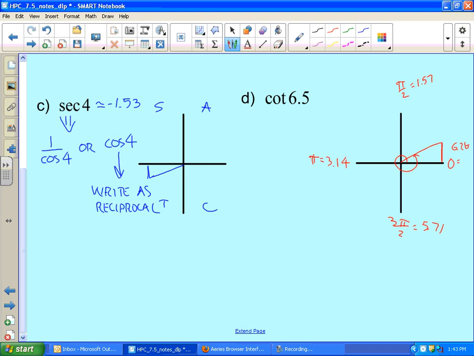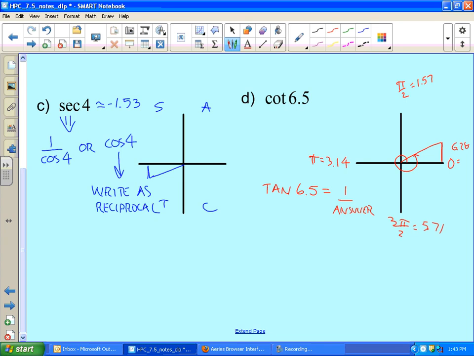So cotangent of 6.5, again, either take the tan of 6.5 and then write that answer as a reciprocal, or do 1 divided by parenthesis, tan 6.5, parenthesis, and you'll get the same thing.